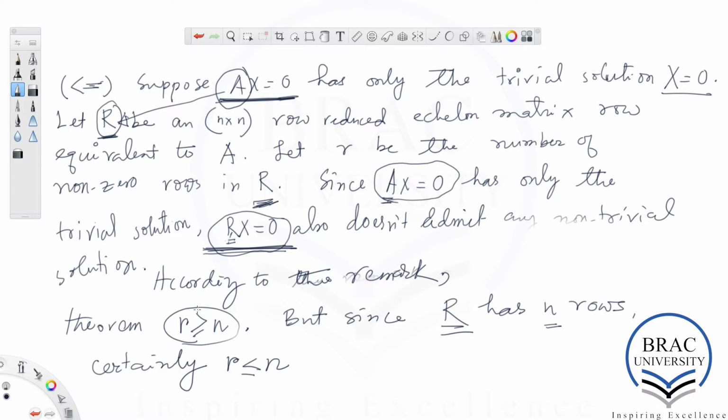All right. So together, r greater than or equal to n and r less than or equal to n imply r is equal to n.